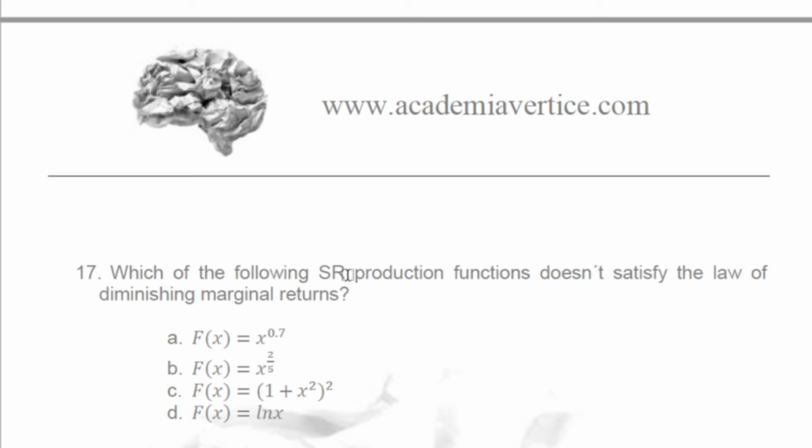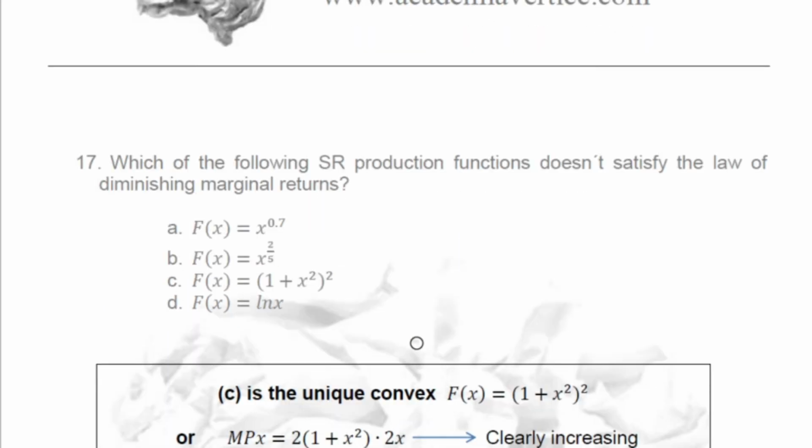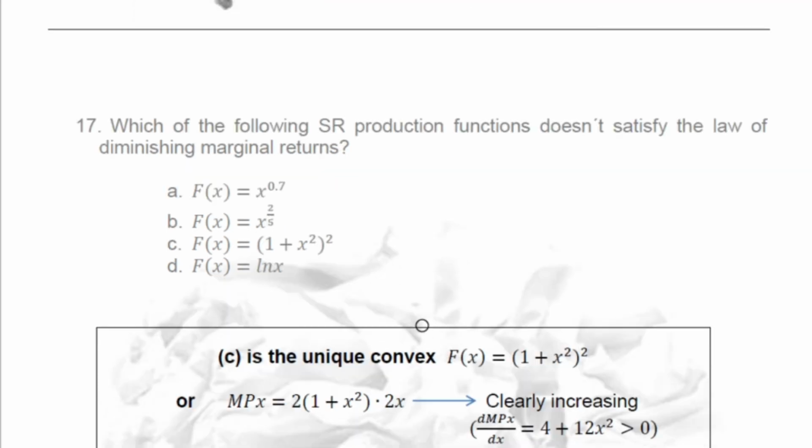As L is our variable input, we need to take the derivative, which would be the marginal product of labor, and we can see if those derivatives are decreasing. Well, as you can see in my answer, I rapidly marked C. Why?